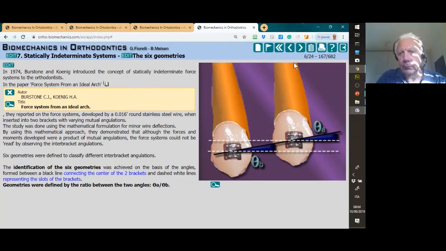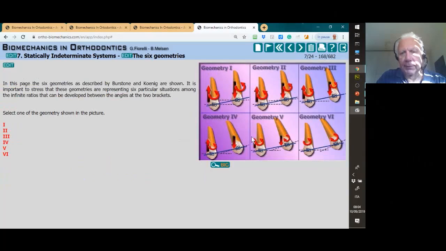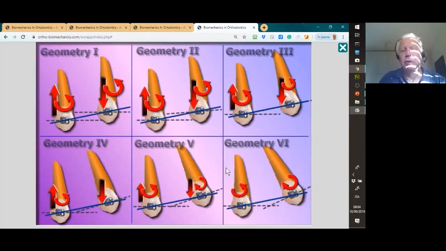So here we have an overall view of all geometries, and we have to remember that these are just special conditions of the ratio between the two angles. I would say that in the great majority of cases we have a ratio between the two angles which does not exactly correspond to the 6 geometries, and we have conditions that are in the middle.